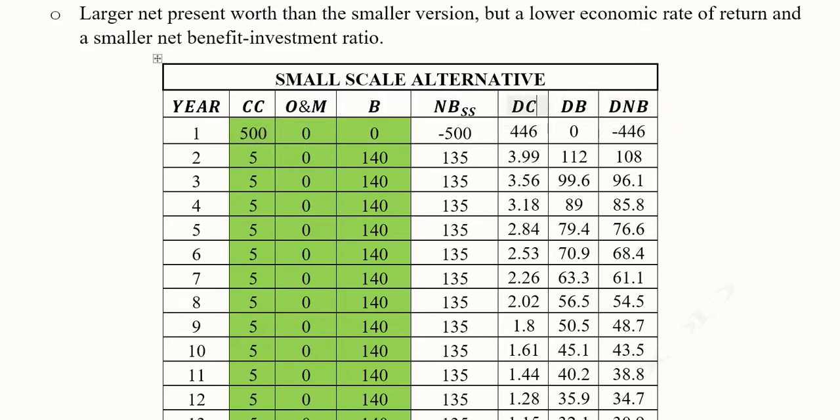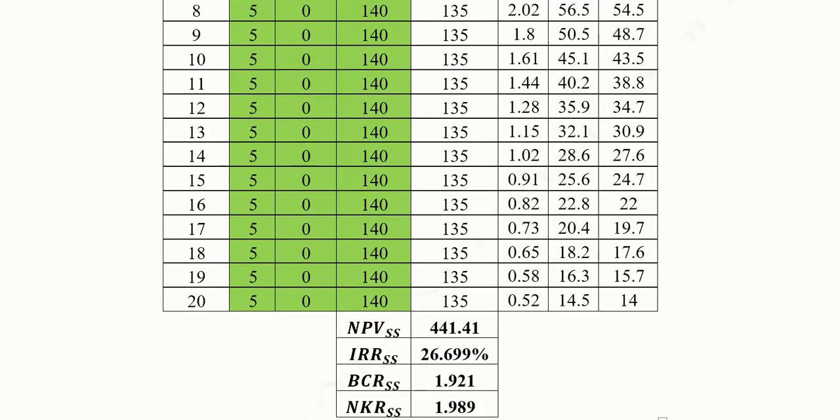Then we can calculate the discounted benefits and discounted costs separately in these two columns, and then we can take their difference, that is the discounted net benefits, which will give us the net present value of the small scale project. So this will be the net present value of the small scale project, which is a positive one. So it means that in itself the small scale project is desirable.